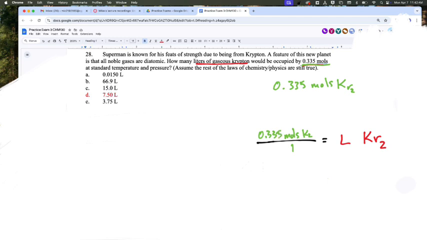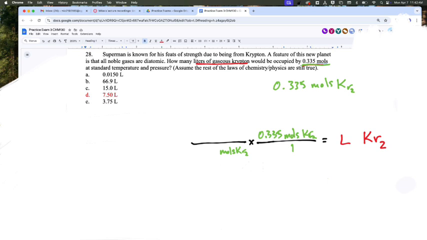Is moles the same thing as liters? So what do you got to do? We got to do a conversion. Okay, how do we do that conversion? What do we want to have happen? We want our moles of Kr2 to cancel out. So to cancel out, you need to drop that in the denominator.